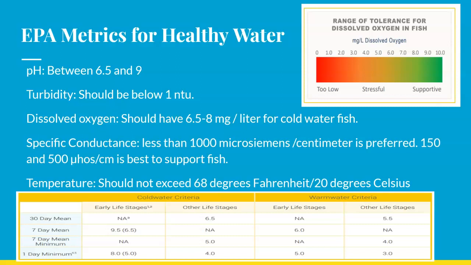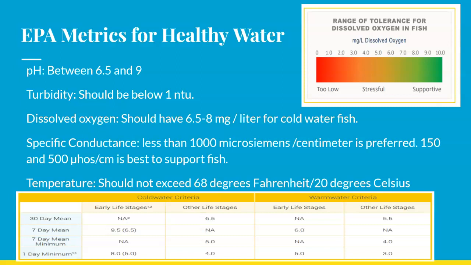It is a little different for warm water fish. But speaking of the Sacramento River, it needs to be colder, and so it will have more dissolved oxygen. Specific conductance should be less than 1,000 microsiemens per centimeter.